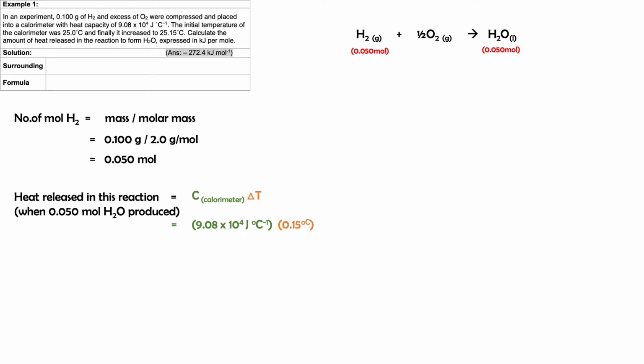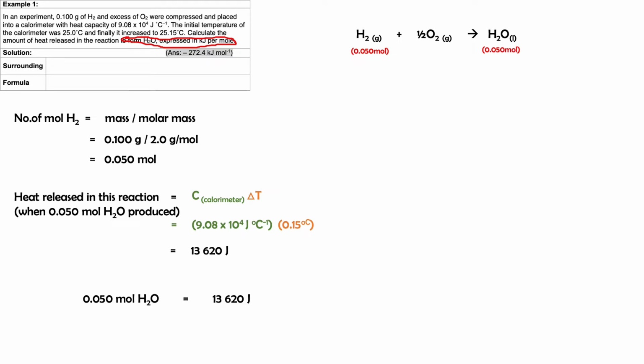Calculate it, and we are going to get 13,620 joule. Therefore, we can conclude that in producing 0.050 moles of H2O, heat release is equivalent to 13,620 joule. But if you remember, we are looking for the answer for the formation of 1 mole of H2O.